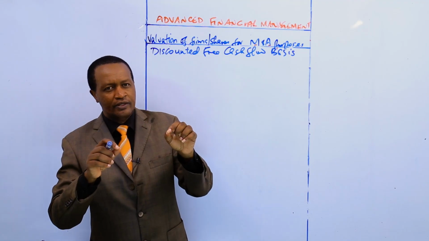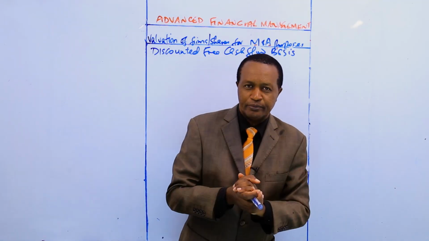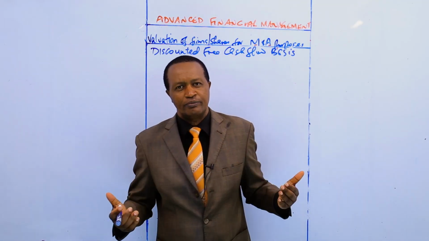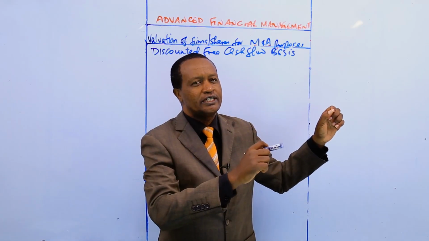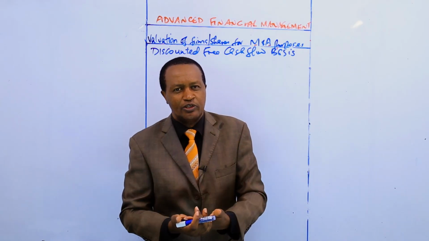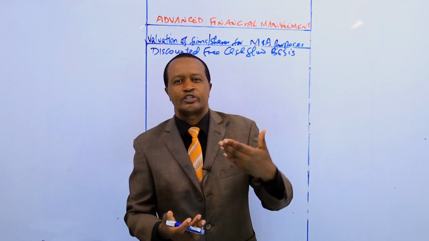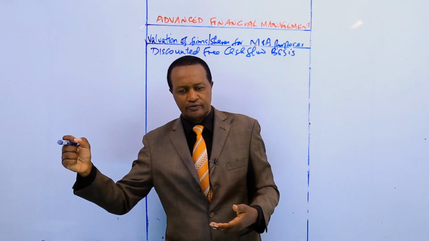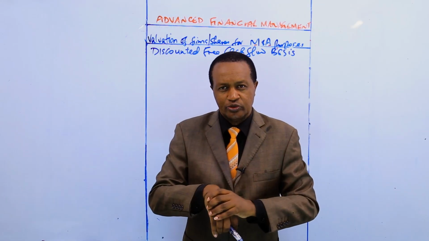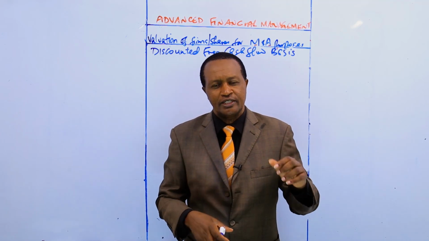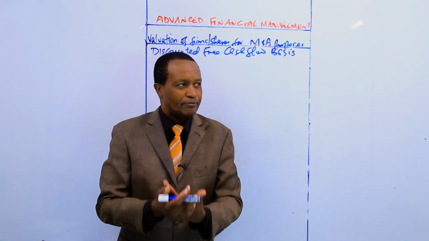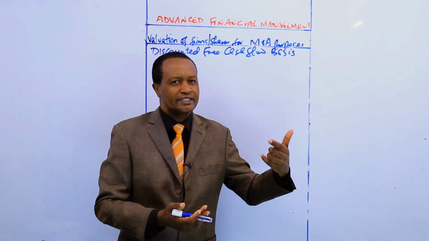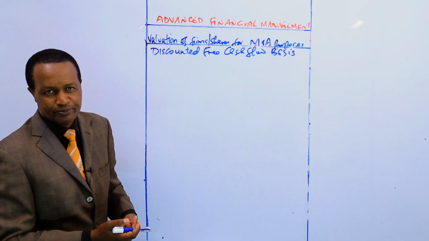The method is based on the principle that the value of a business is the sum of its future cash flows discounted to reflect the time value of money and the risk associated with those cash flows. In mergers and acquisitions, it's used to determine the price a buyer should be willing to pay for a target company or the price a seller should accept.